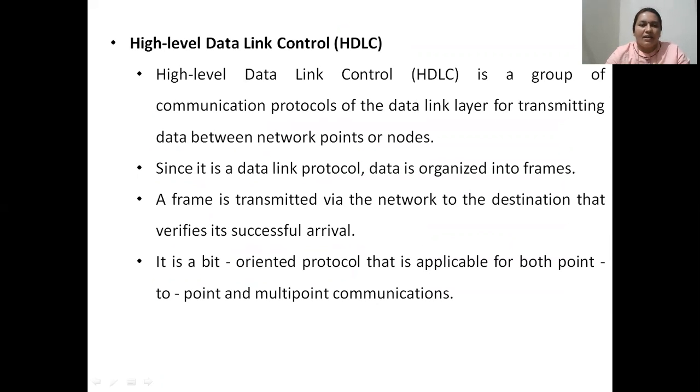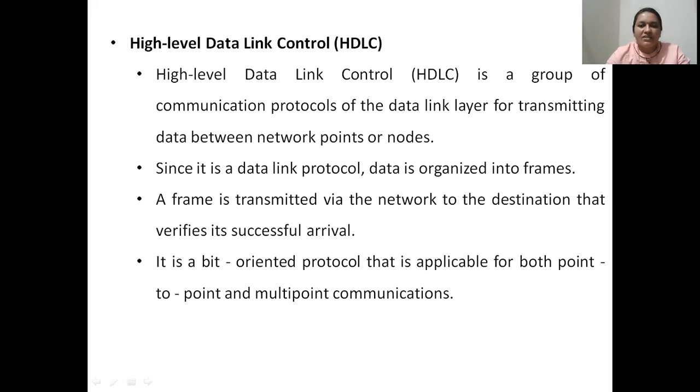The high level data link control protocol is a group of communication protocols of the data link layer for transmission of data between the network nodes. Since this protocol operates in the data link layer, the data will be organized in the form of frames.